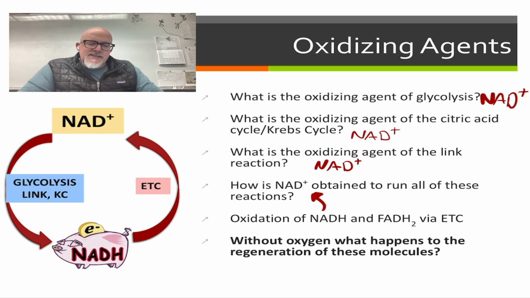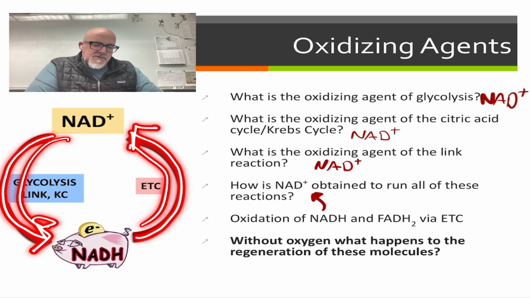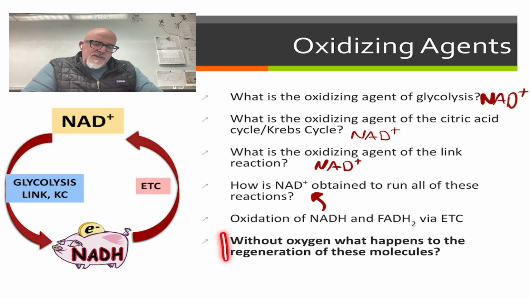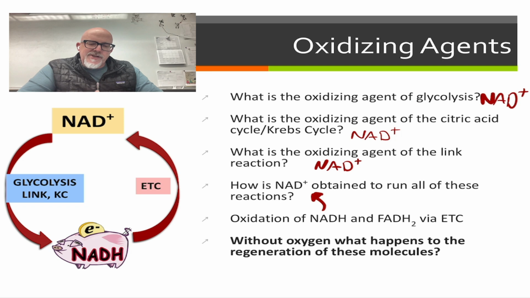We oxidize NADH and FADH2 via the electron transport chain to make NAD+. It's that cyclic nature. So this will get kicked into here, and this will get emptied back to make more of this. Again, cyclic. My question to you is, without oxygen, what happens to the regeneration of those molecules?